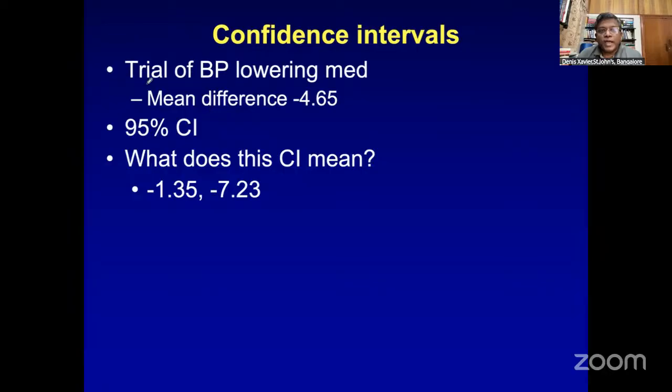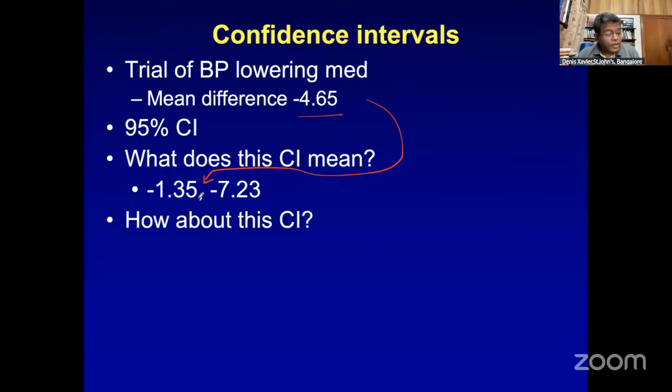If I do this trial of blood pressure lowering again, this 4.65, 95% of the time, will lie between these two numbers. So the next time I do it, I may not get 4.65. I might get 4.64. Let's go back. I may get 1.36, I may get 7.22. You got it? I can get 6.0. It will lie between 1.35 and 7.23.